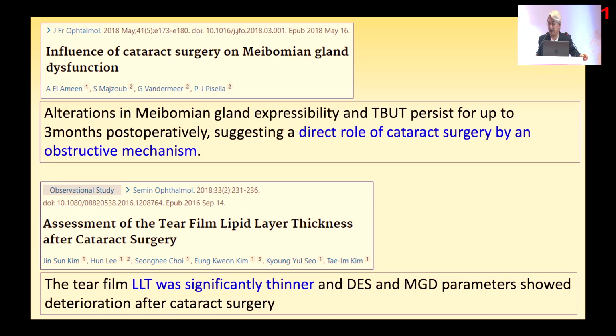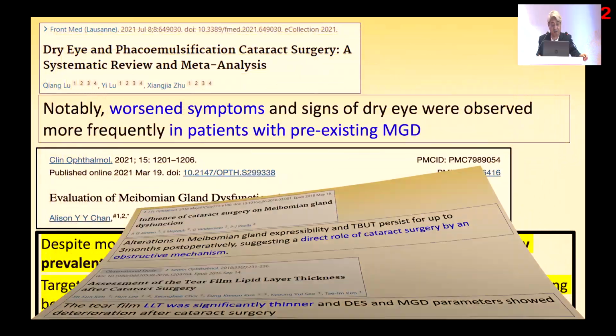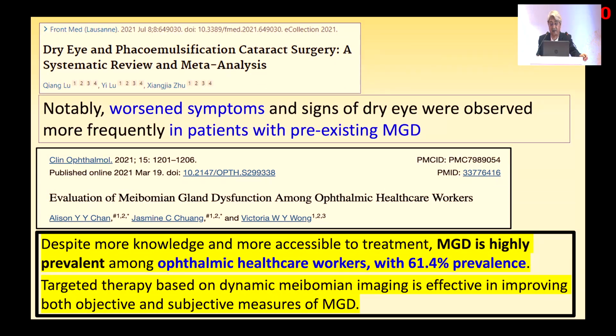LLT means lipid layer thickness, and this is after cataract surgery. There are also meta-analyses available. So if the patient has pre-existing MGD, it gets worse.